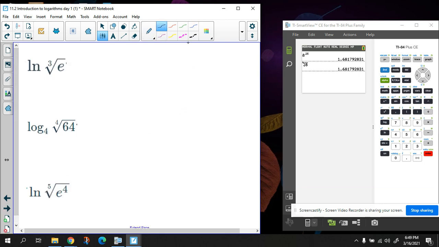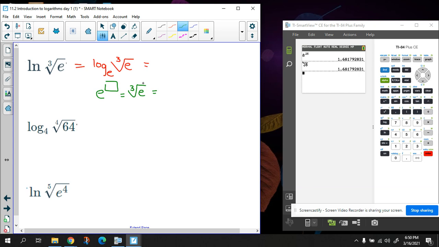Okay, we haven't practiced one like this. Remember, if it's ln, not log, that you can rewrite that as log base e of the cube root of e. Our goal: e to what power would make third root of e?